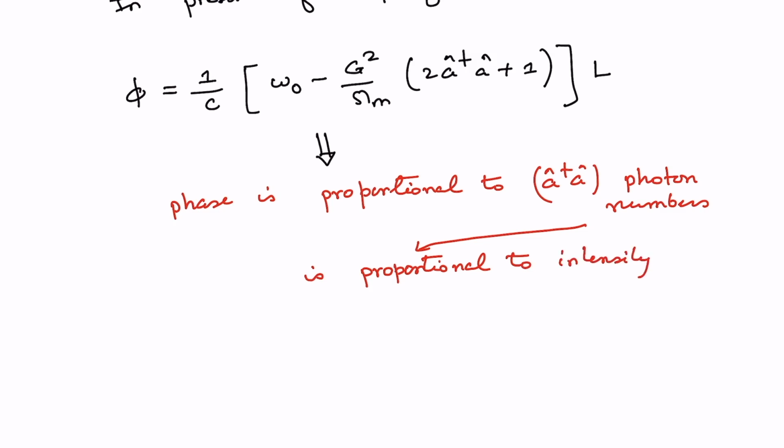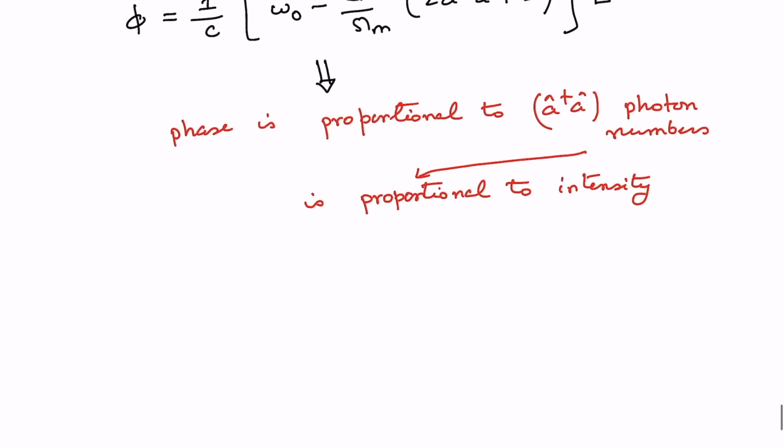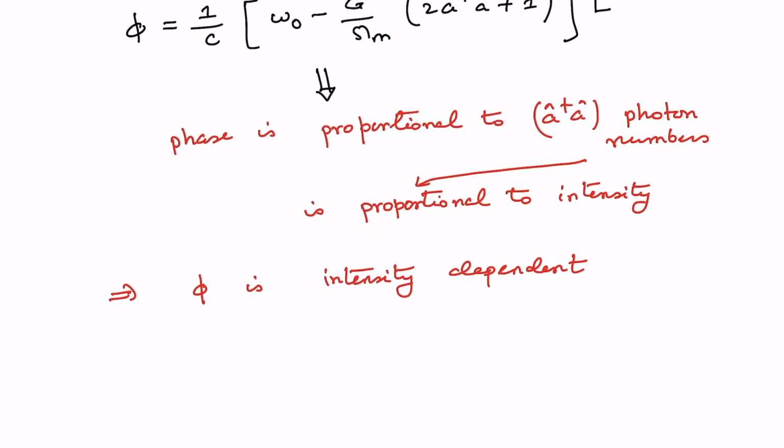So overall, because of the presence of this optomechanical coupling, the phase phi is intensity dependent, and you know that is exactly what the Kerr effect is. So the optomechanical system in the presence of the optomechanical coupling behaves like a Kerr medium.